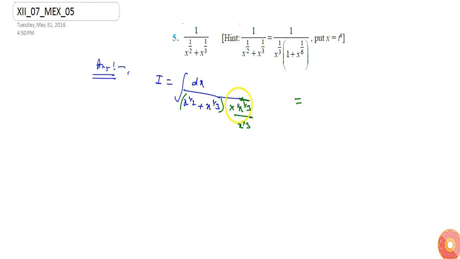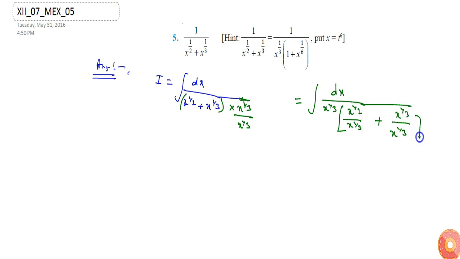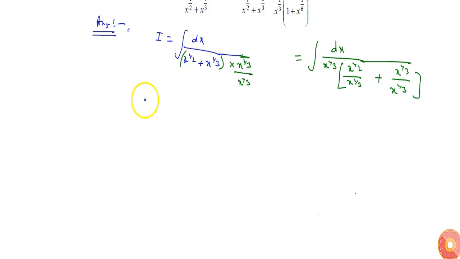So if I am writing this x power 1 by 3 here, and the dividing one is x power 1 by 2 divided by x power 1 by 3 plus x power 1 by 3 divided by x power 1 by 3.